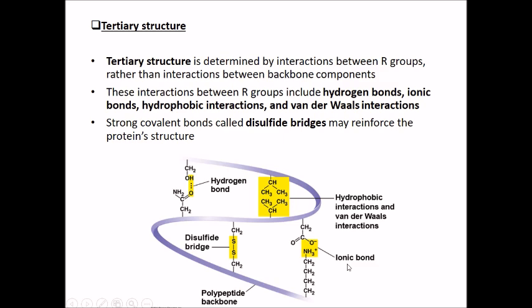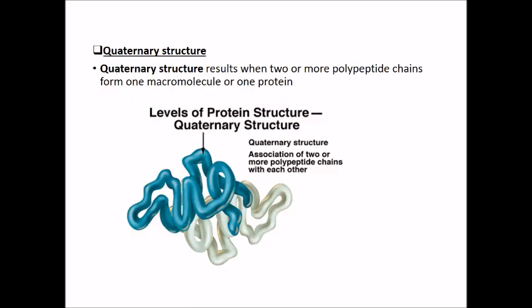Secondary structure only involves hydrogen and peptide bonds. Primary structure only involves peptide bonds. Last but not least is quaternary structure, which consists of two or more polypeptides that are combined together, producing a quaternary structure of the protein.